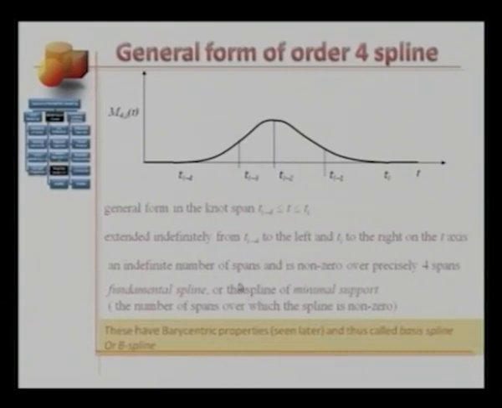We'll come to this a little later, but let me emphasize here that these belt-shaped B-spline basis functions have barycentric properties, and that's the reason why they are called basis spline or B-spline polynomials or functions. Although I have been using the term B-spline or basis spline, this is the formal reason why.